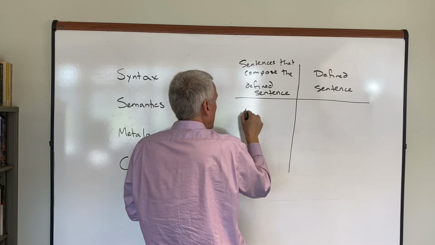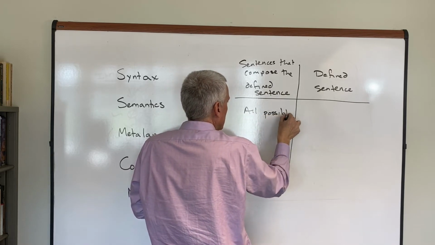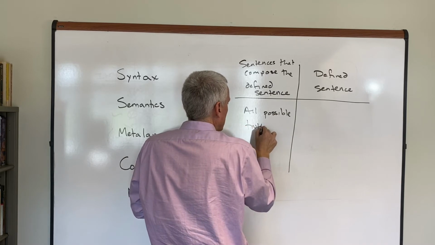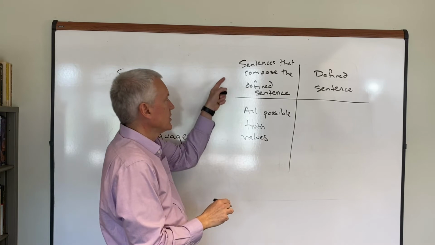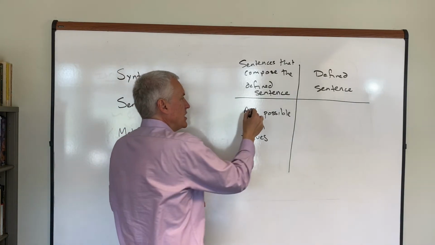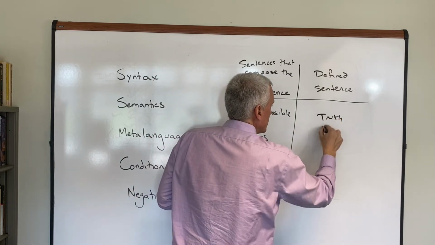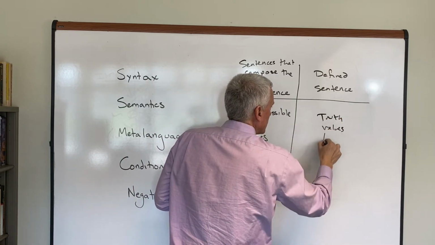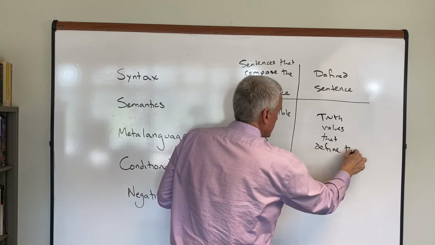Here we put all possible truth values for these sentences that compose our defined sentence. And then here's our definition. It's the truth values that define the semantics.